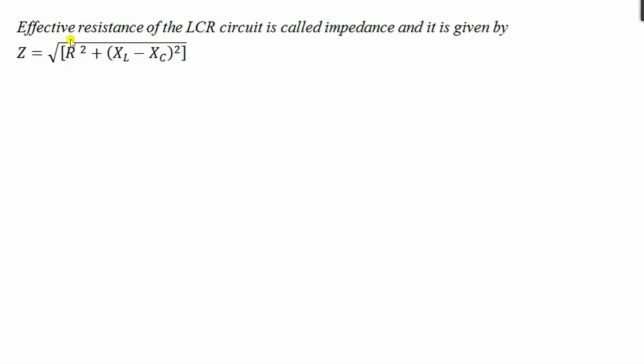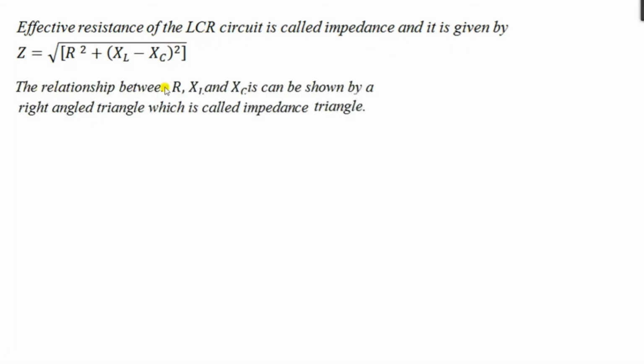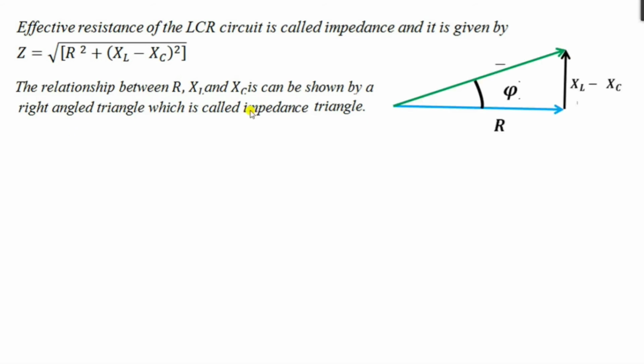The effective resistance offered by the LCR circuit is called impedance. The relationship between resistance, inductive reactance and capacitive reactance can be shown by the impedance triangle, which we have already discussed. This side is the resistance, XL minus XC is this side, and this is the angle phi.